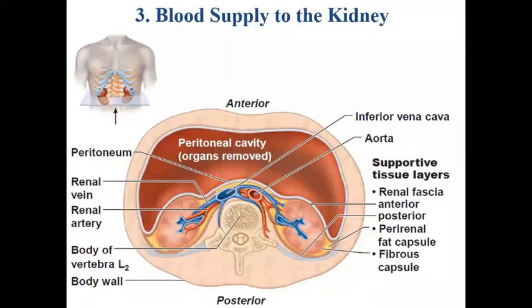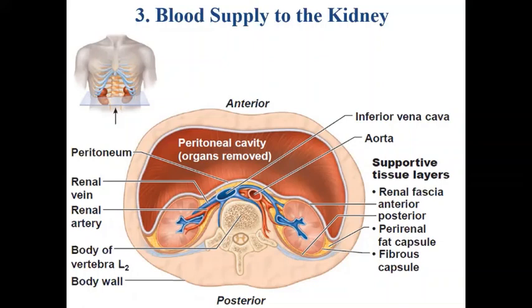Now let's look at blood supply to the kidneys. Remember, you have major vessels coming out of the heart. You have the pulmonary trunk that carries blood to the lungs, which will bifurcate into the right and left pulmonary arteries.